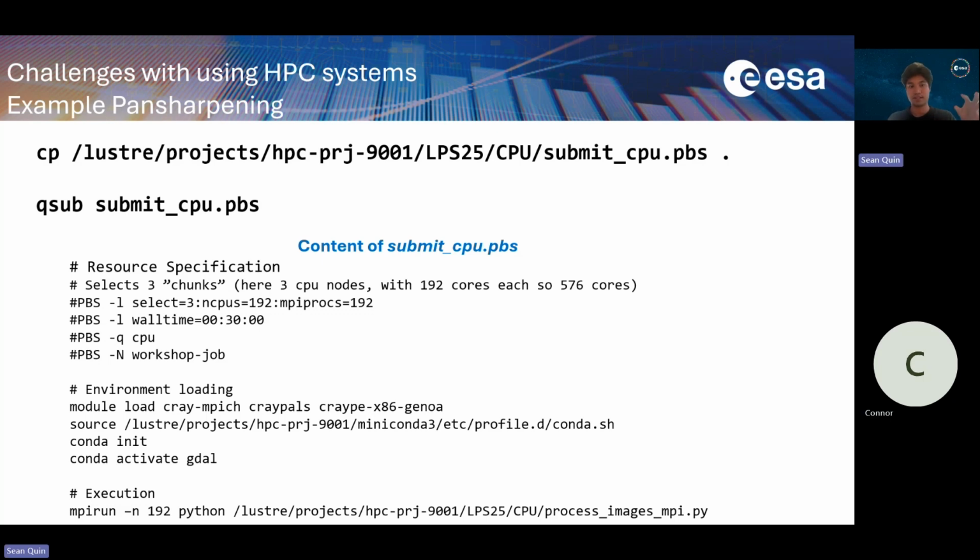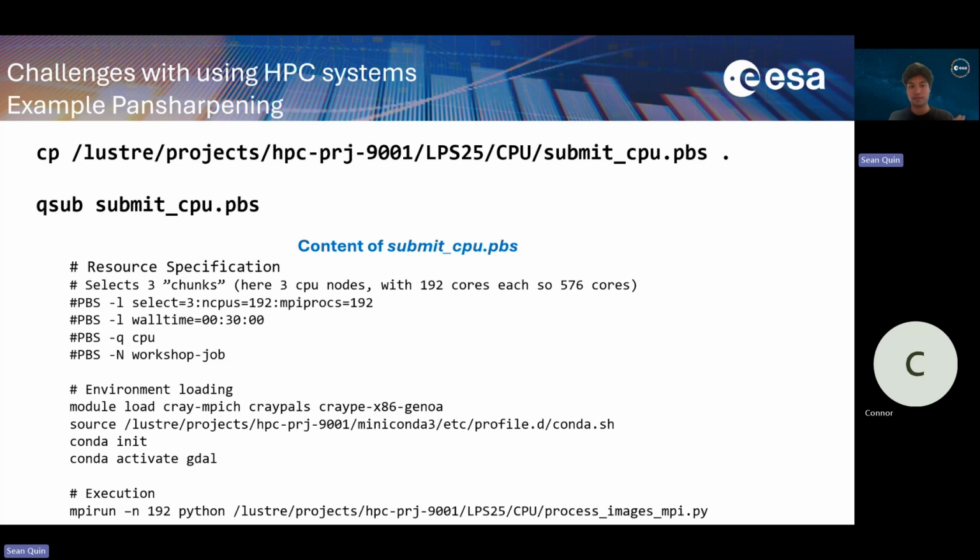We're then requesting 30 minutes of wall time on the CPU queue, a queue being a list of resources. So for example, in our system, we have a CPU queue for all the CPU nodes, a GPU queue for all the GPU nodes. And then I'm giving the job a name. And then we have our environments.